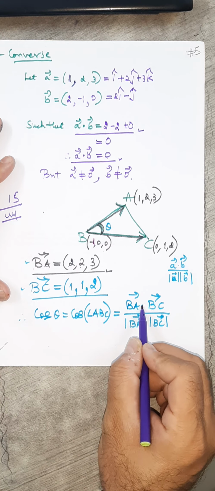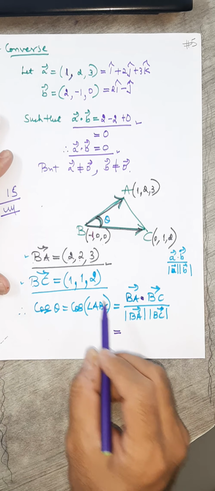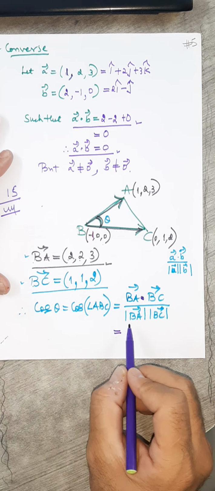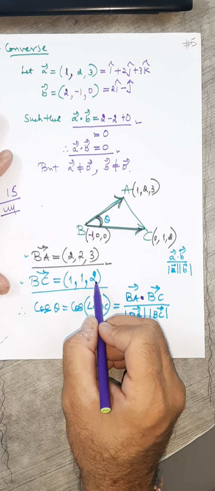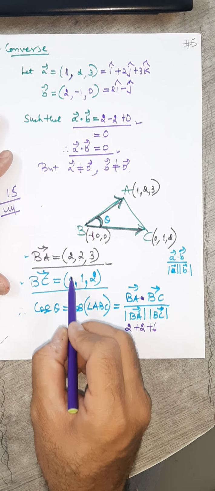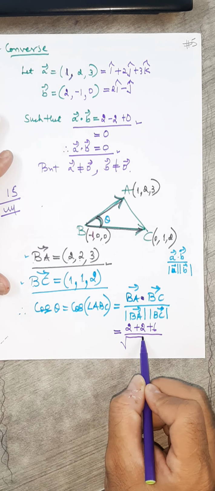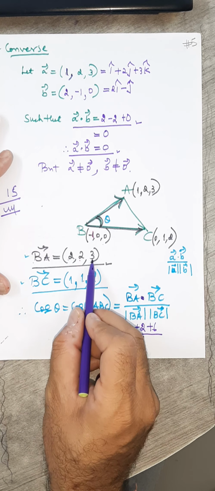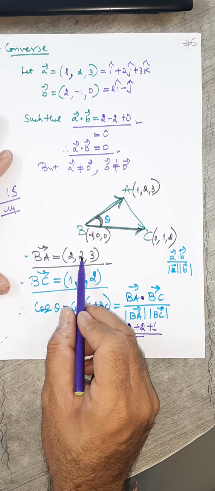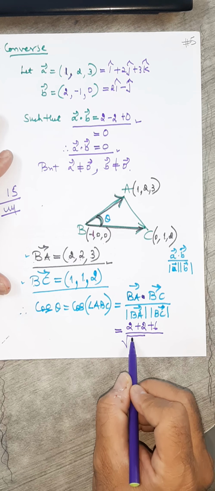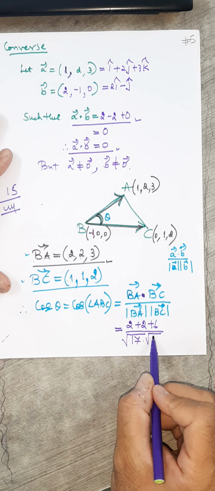Okay, dot product of these two. Right? So let me write here the dot product. What's the dot product here? 2 into 1, you know, 2. 2 into 1 plus 2 plus 6. This into this plus this into this plus this into this, upon the magnitude of the first one. What is that? 9 plus 4 plus 4, that is nothing but root 17, into BC: 4 plus 1 plus 1, that is root 6.